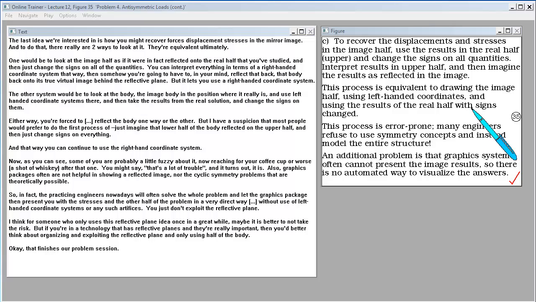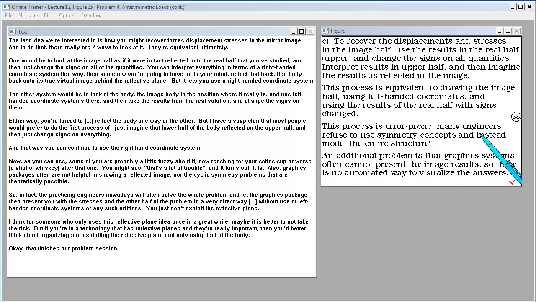Either way, you're forced to reflect the body one way or the other. But I have a suspicion that most people would prefer to do the first process of just imagining that lower half of the body reflected on the upper half, and then just change signs on everything. And that way you can continue to use a right-handed coordinate system.